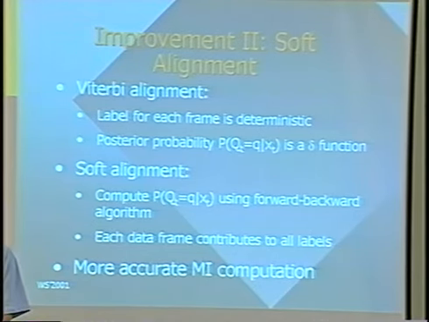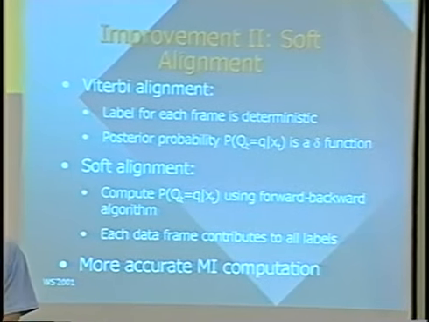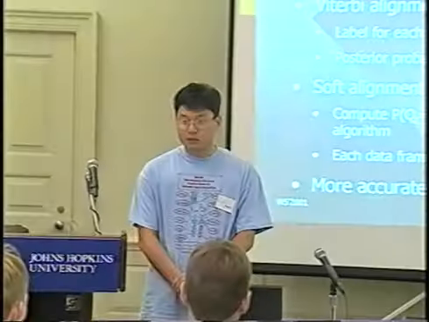So if we use a soft alignment where we compute the posterior probability using the forward-backward algorithm, then each data frame can contribute to all the labels. This way we might have a more accurate mutual information computation, and the model from the previous iteration may influence the alignment more than in the Viterbi alignment.